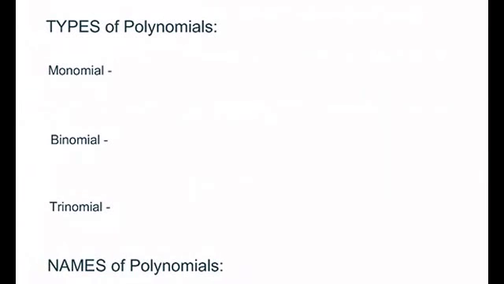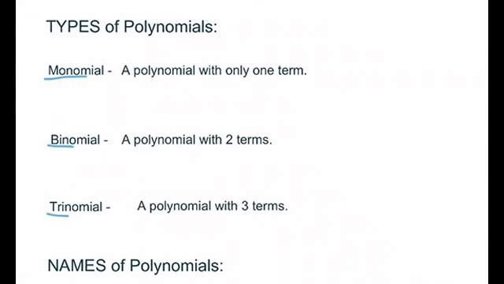Now we just mentioned monomial, so we want to be sure that there are types of monomials, and we want to be able to communicate what type of monomial or polynomial we are dealing with. There are types of polynomials. The most common types are monomials, binomials, and trinomials. Now the prefixes to those words should help us understand exactly what they are.